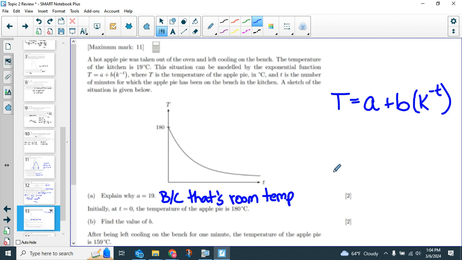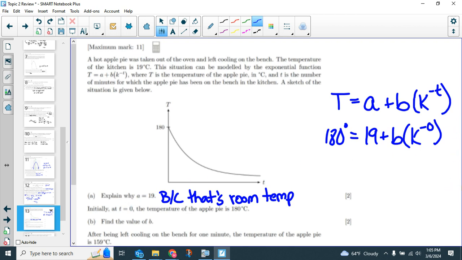Initially, at t equals 0, the temperature of the apple pie is 180 degrees Celsius. Find the value of B. Okay, so I know at t equals 0, the temperature is 180. So I plug 180 in for my temperature. We already know that A is 19. We're trying to find B. And this is k to the negative 0 power because it told us at t equals 0.